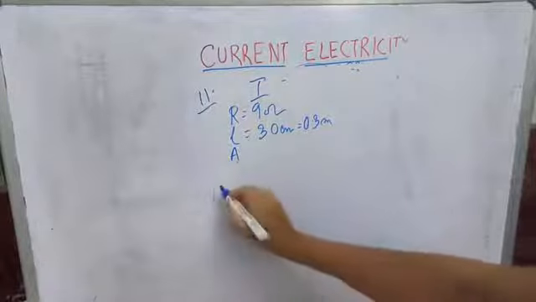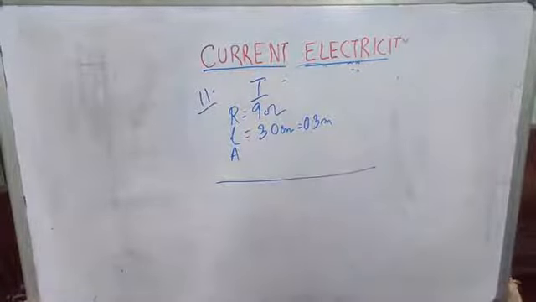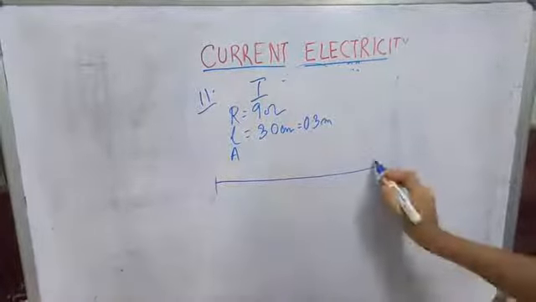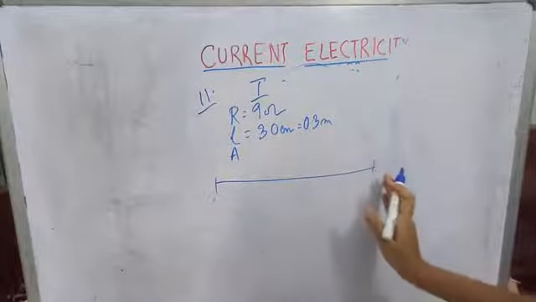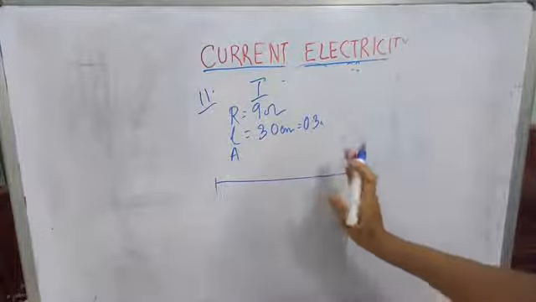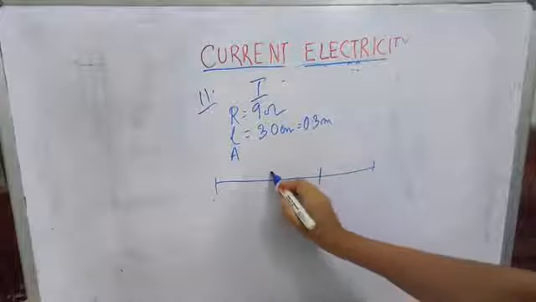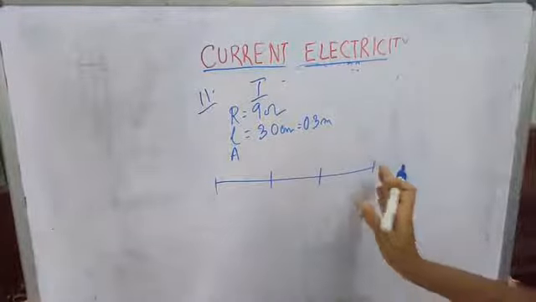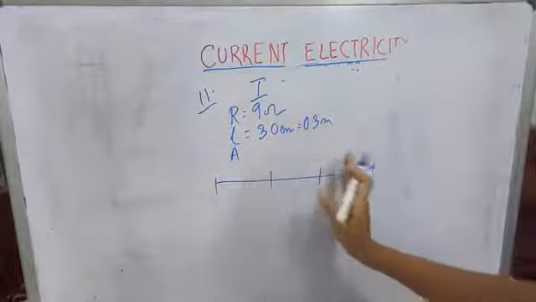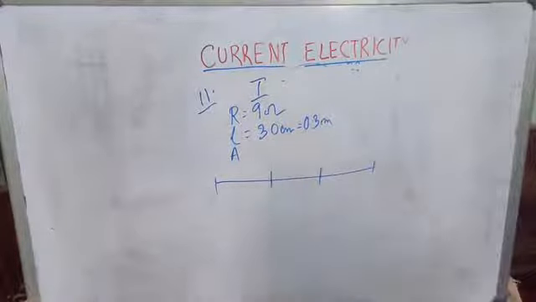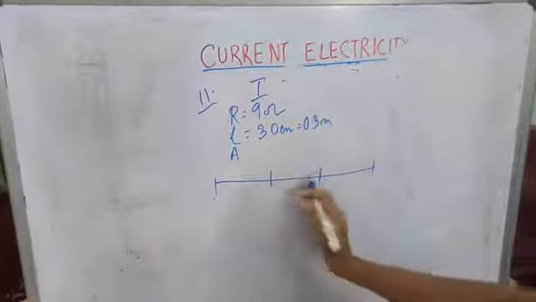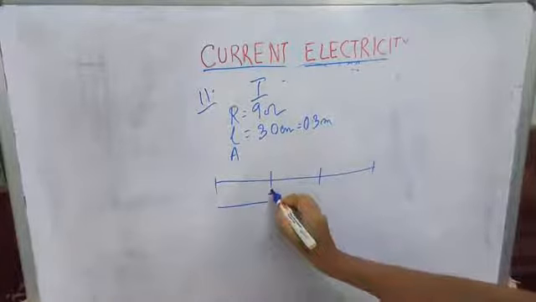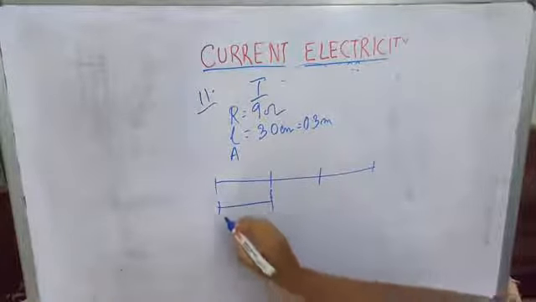Now in the second case, the length of the wire was 30 centimeter and it is tripled on itself. That means it's folded on itself, first time folded, then second time. So what is the length of the new wire?